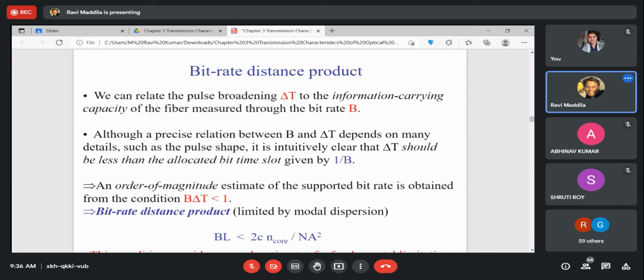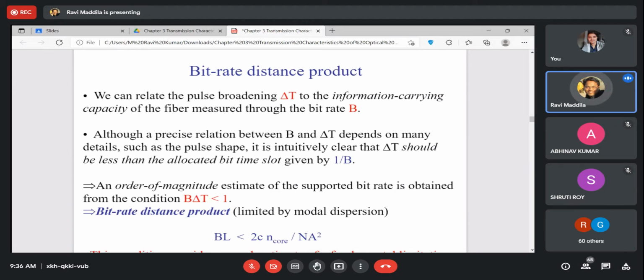There can be a splitting of the polarizations, which means different polarizations would travel with different velocities, and at the receiving end those would arrive at different times, and hence you would see it as a broadened pulse.